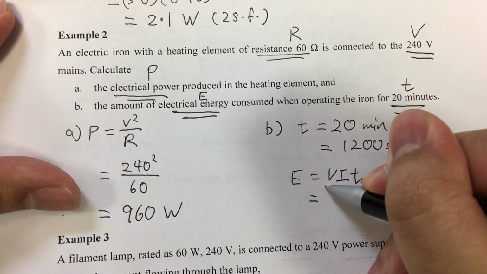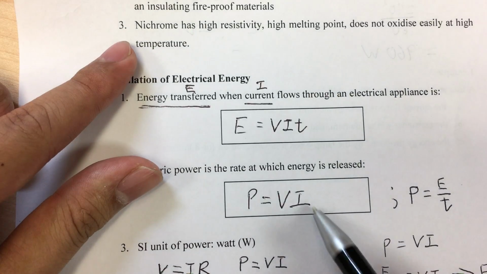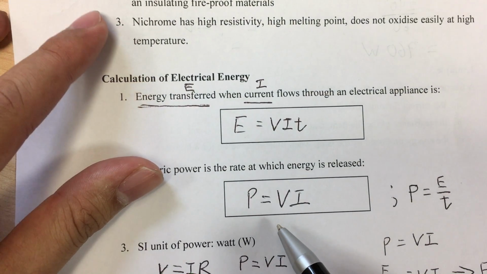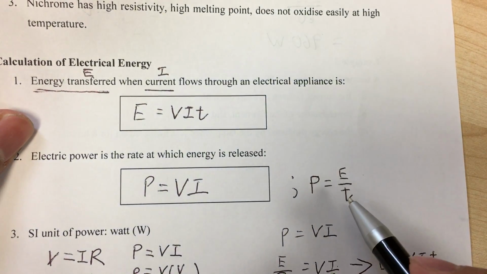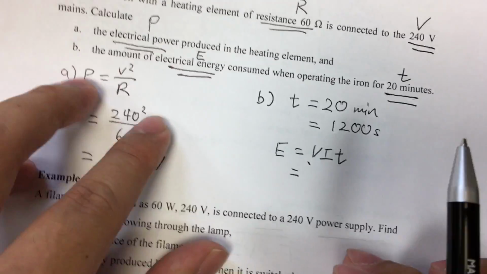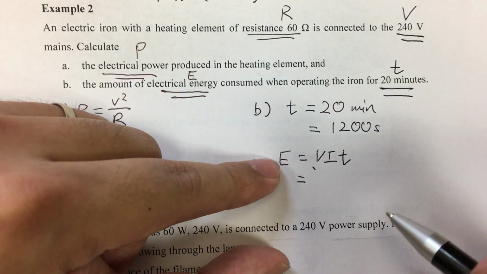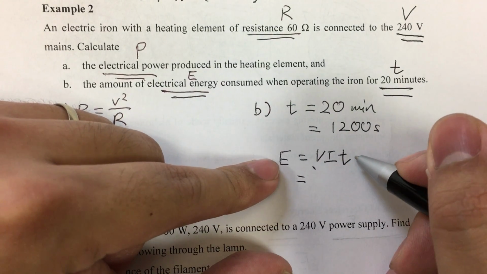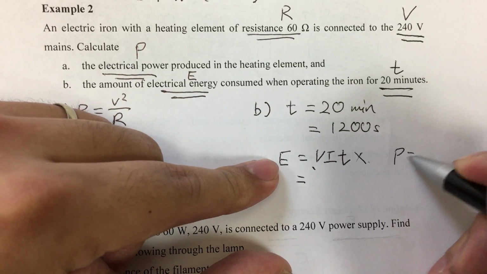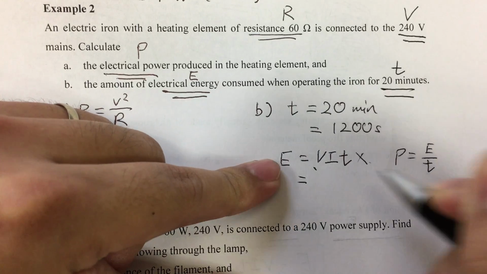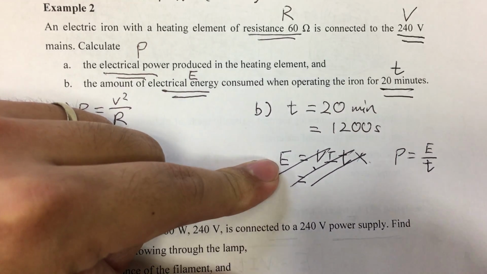Now you notice that in the previous part here, power is equals to V times I, and power is equals to energy divided by time. Which will also mean that if you are smart enough, if this formula cannot work, we can always use power equals to energy divided by time to get our answer.